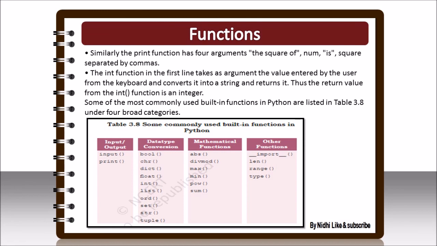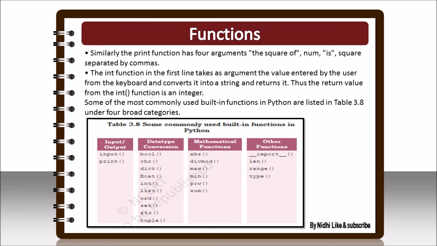Some of the built-in functions are shown here in the table. First is input and output, that is the input function and the print function. Then data type conversion: bool, chr, dict, float, int. We have used int; similarly, we can use float also, list, ord, set, str, tuple. These are data types as well as functions, and you use them as given in the list.